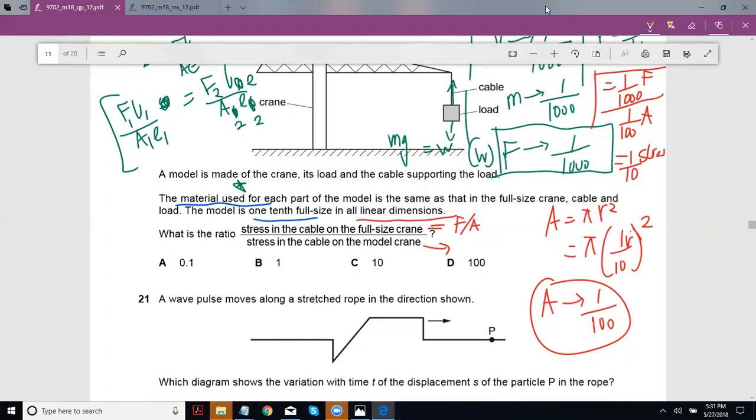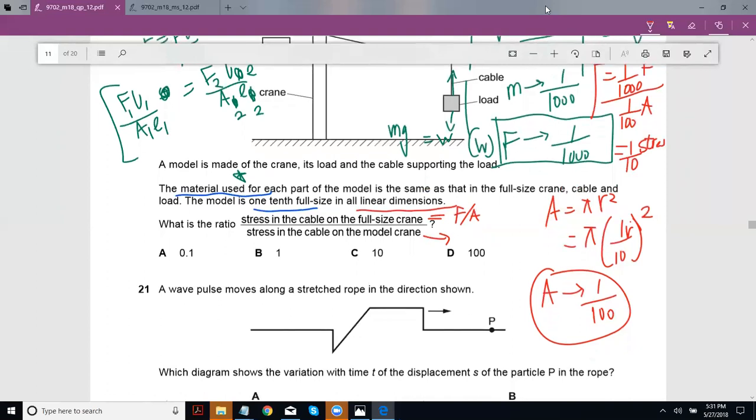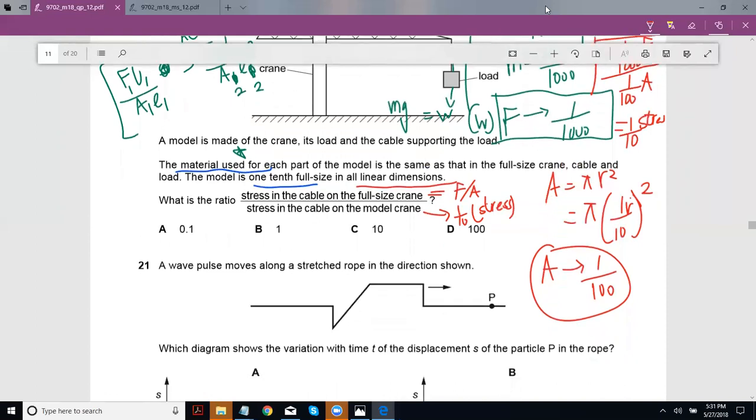So that gives you 1/10 stress, and if you keep 1/10 in the denominator for the stress of the model crane, anything in the denominator flips to the top, so that is 10. You can just put that into your calculator: divide 1 by 1/10, you'll get 10.